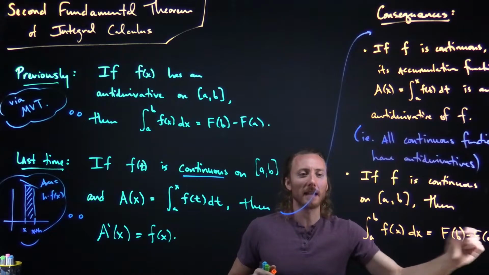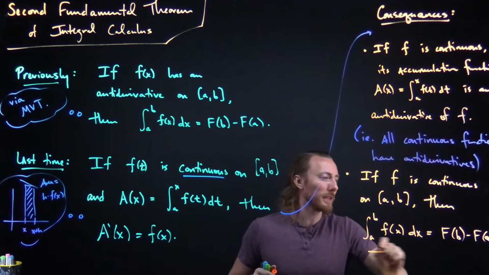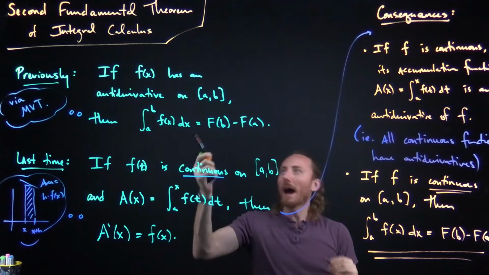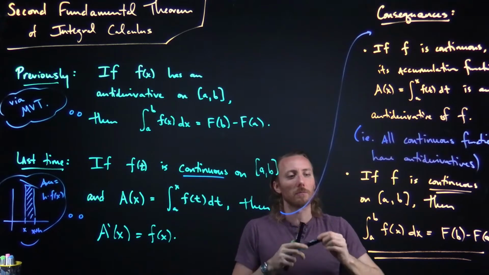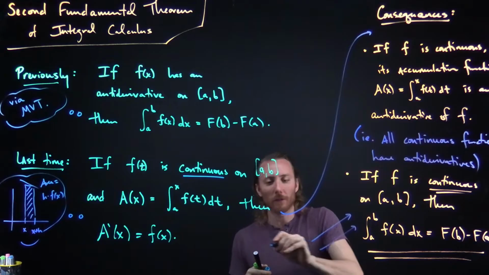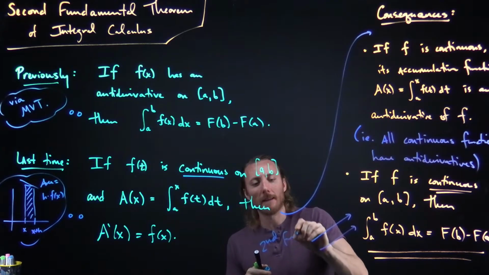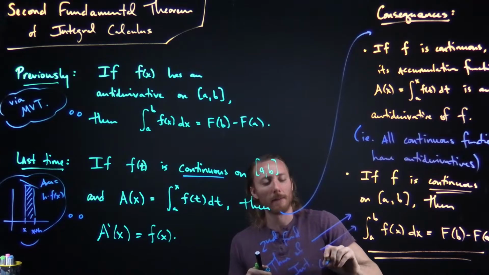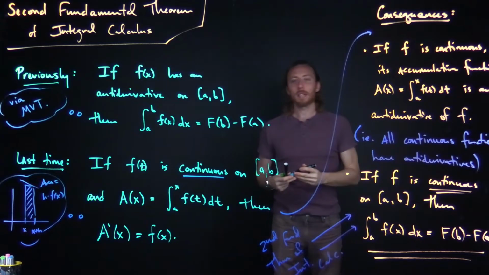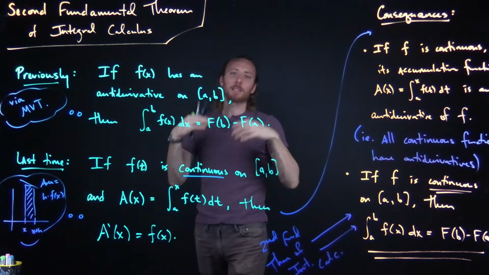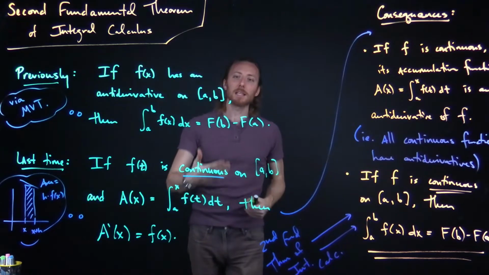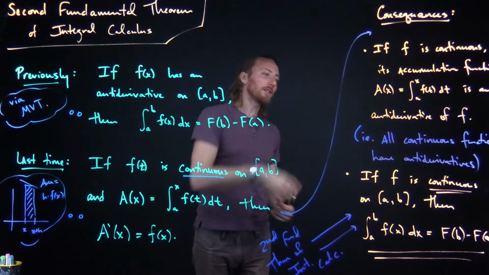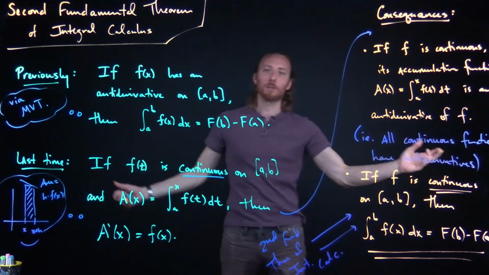And as it turns out, this statement, going off of the continuity assumption rather than the existence of an antiderivative assumption, is what is normally referred to as the second fundamental theorem of integral calculus. What we should take away from the second fundamental theorem is that we are phrasing a result we previously saw via the mean value theorem, using accumulation functions, now simply as a consequence of continuity.